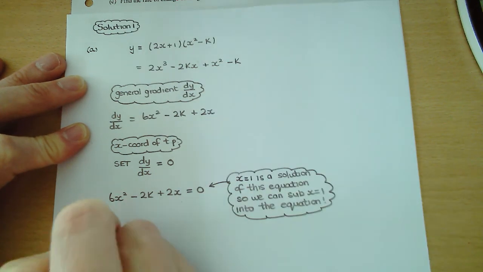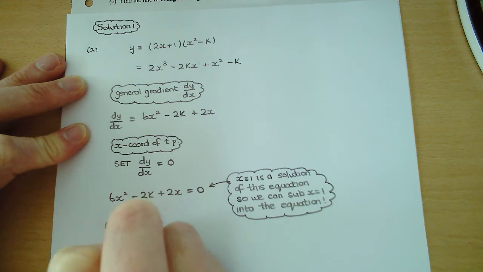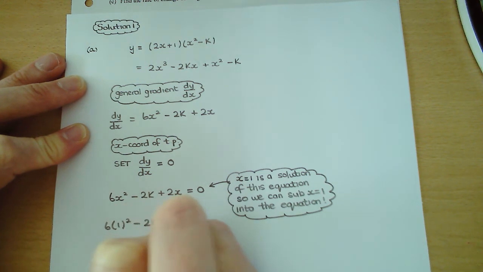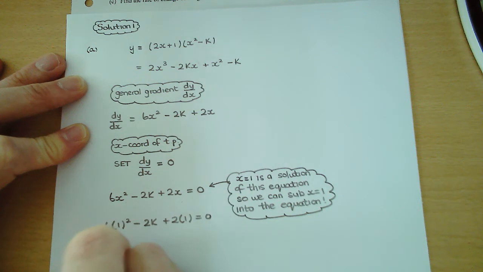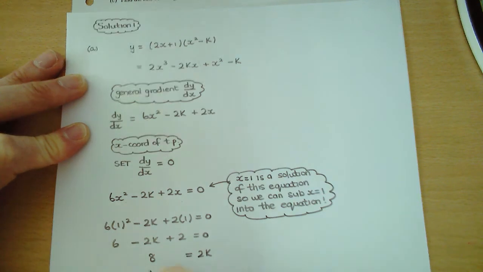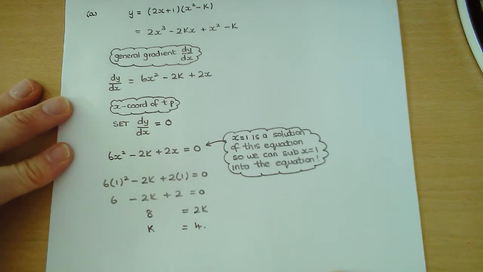So let's sub x as 1 in. So we're going to get 6 times 1 squared minus 2k plus 2 times 1, and that equals 0. So we're going to be left with 6 minus 2k plus 2 equals 0. So we're going to be left with 8 equals 2k and then we're going to be left with k is equal to 4. So there's our answer for part A.